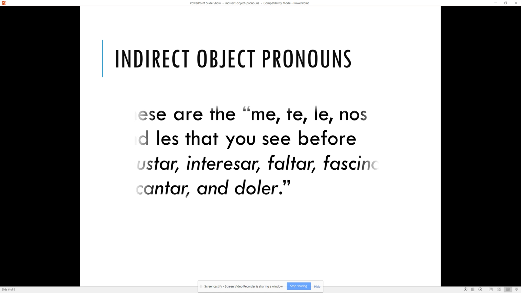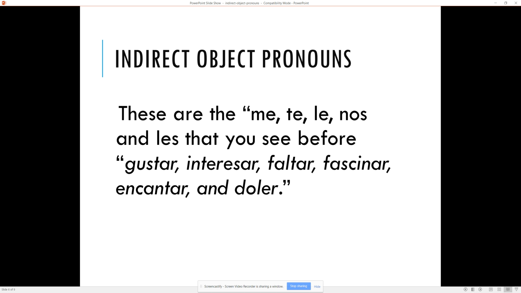Now with indirect pronouns, students have actually seen these before. Where they've seen them is with the verb gustar, as in I like, me gusta. I kept telling students, when you see gustar, interesar to interest, faltar, a word we use for to need, often with objects, fascinar for to fascinate, and encantar, I tell students, think: the prince and princess fall in love, it's enchanted.